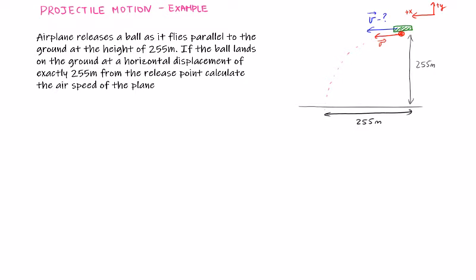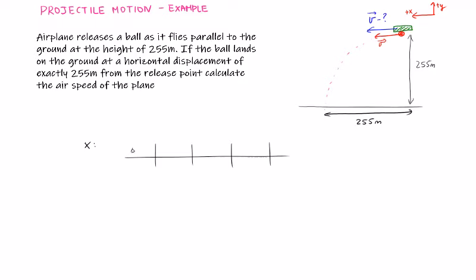Now let's write down what we have. Obviously, this is a projectile motion. We have to resolve the motion into x and y components, so horizontal and vertical. Let's start with the horizontal component and make a table for what's known.